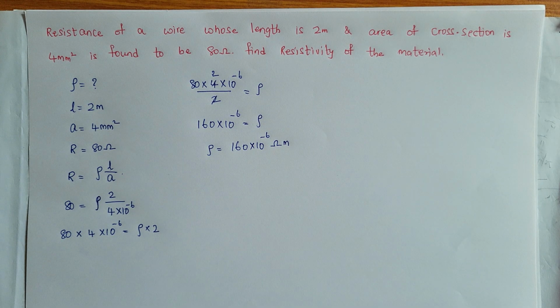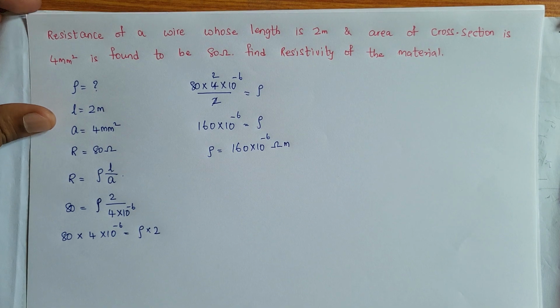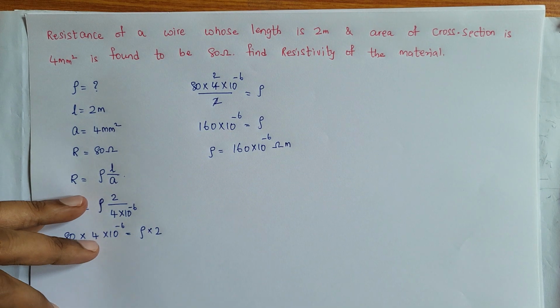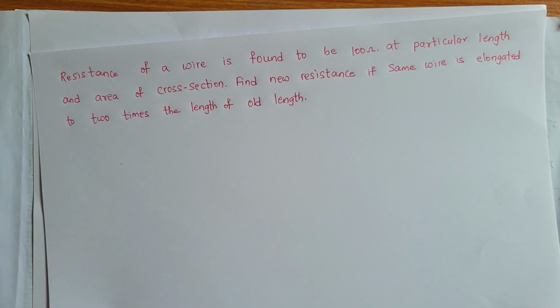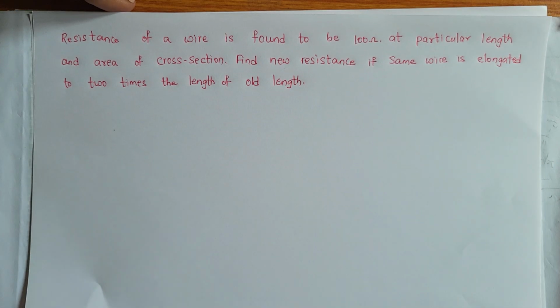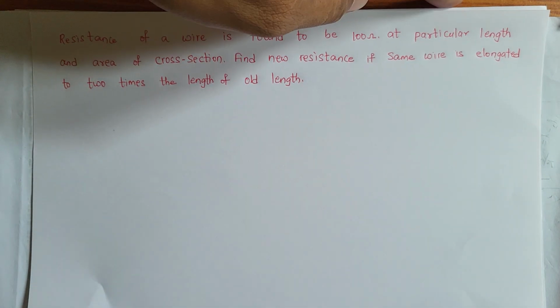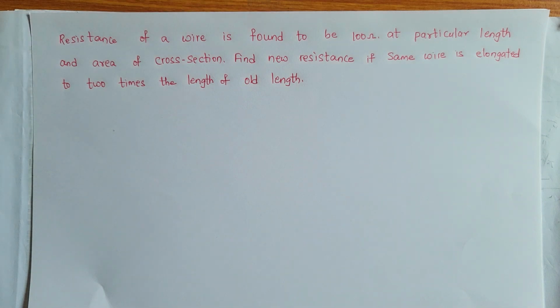Okay. Now let us solve the next model problem on resistance, on which we are going to solve on constant volume. Means the volume of the material is going to be constant. See, resistance of a wire is found to be 100 ohm at a particular length and area of cross section.